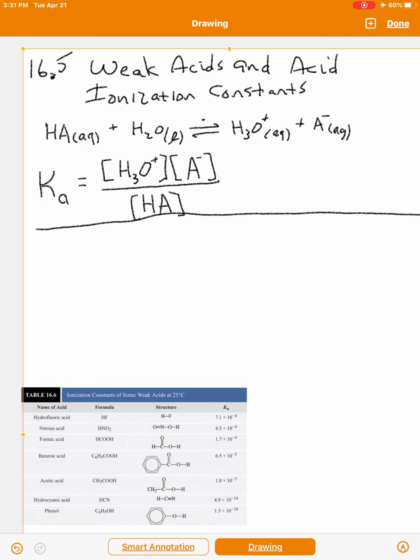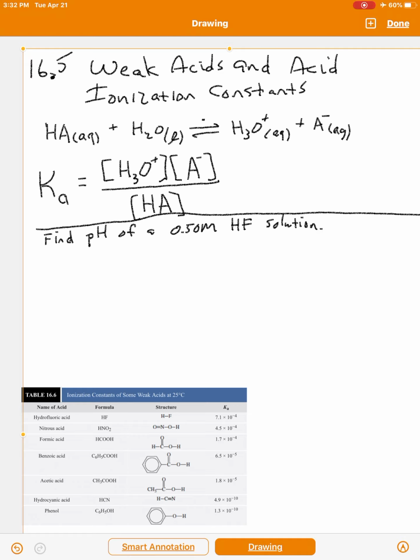So we want to find or calculate the pH of a 0.50 molar HF solution. This is the first type of problem.